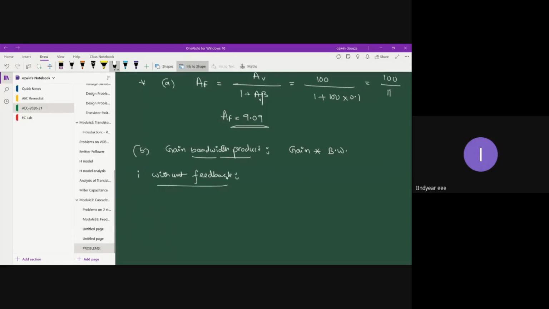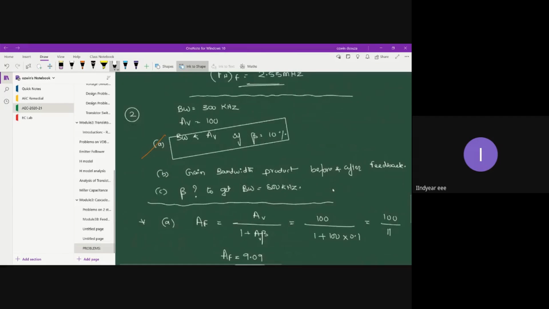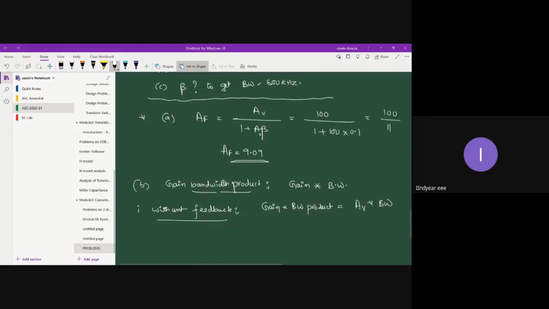Without feedback, gain bandwidth product is equal to AV into bandwidth. So AV we know, right? What is AV? AV is 100.